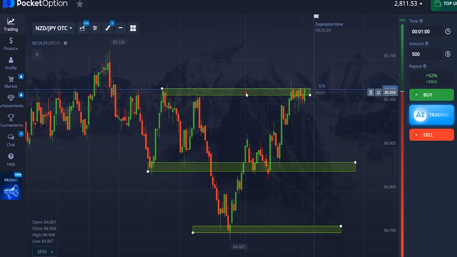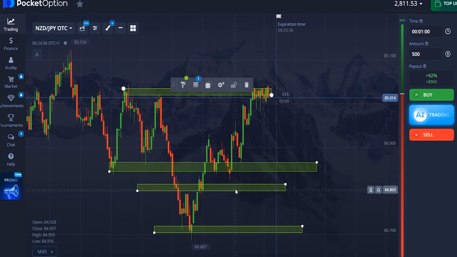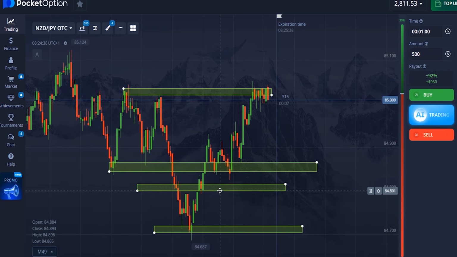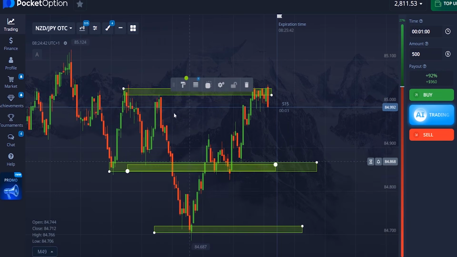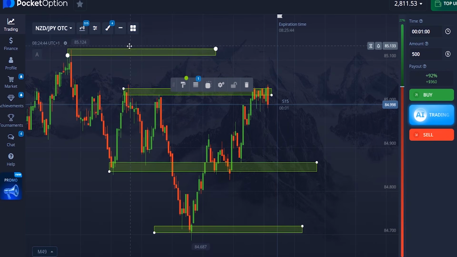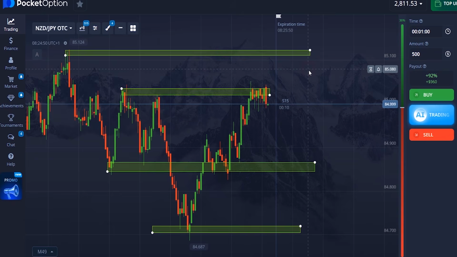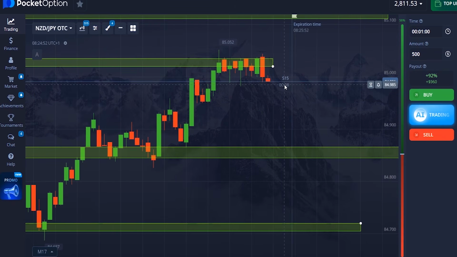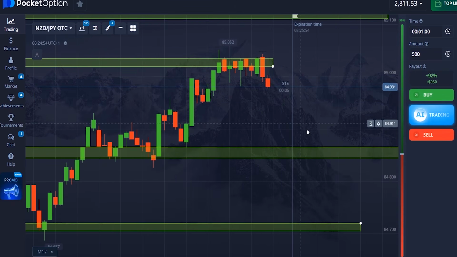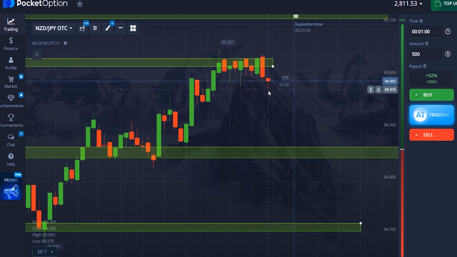Right here there is also a resistance point at this point. So right here I still need one more candlestick. Let me wait for the next candle.